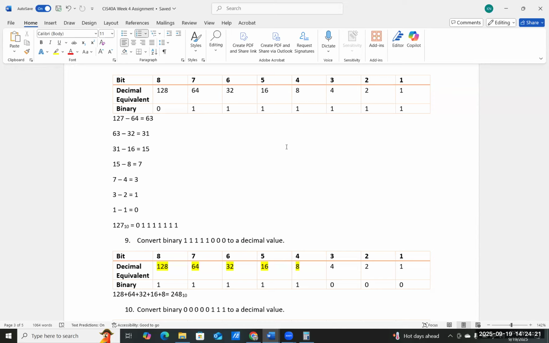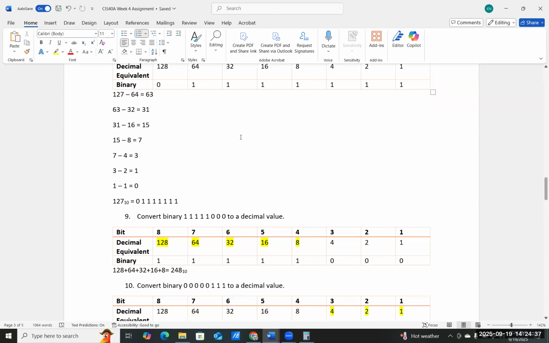Then what you're going to do is place the binary value, each bit under each of the equivalence values on that scale. So I would take the first bit here, which is a 0, and I put the 0 there.